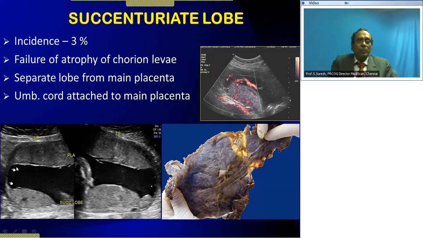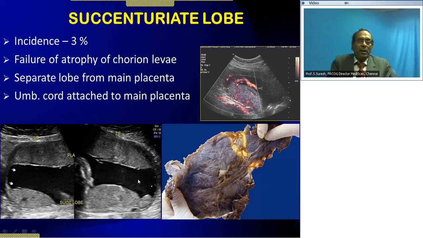You do it both in the sagittal and transverse section. You can see one placenta here and another placenta here. It's only a single baby. So a single baby with two placentae, well, you need to find out where the umbilical cord is attached, and usually the opposite side is called the succenturiate lobe.